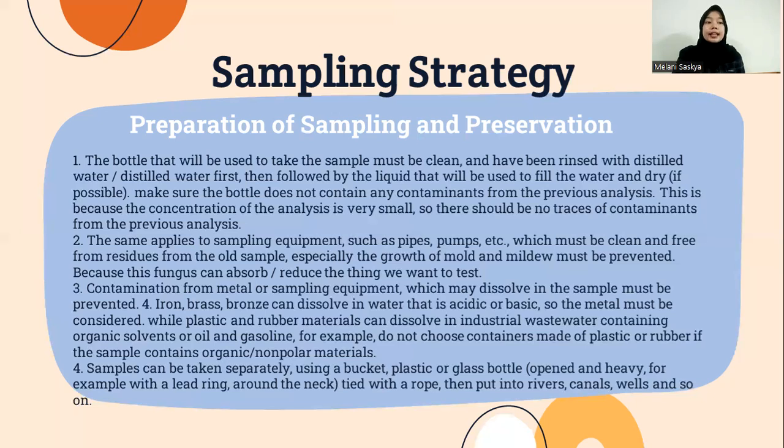While plastic and rubber material can dissolve in industrial water containing organic soap or oil and gasoline. For example, do not use containers made of plastic or rubber if the sample contains organic or non-polar material.